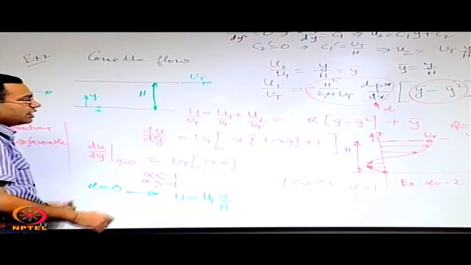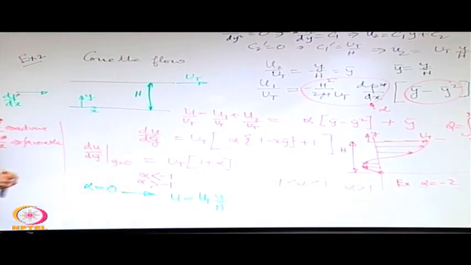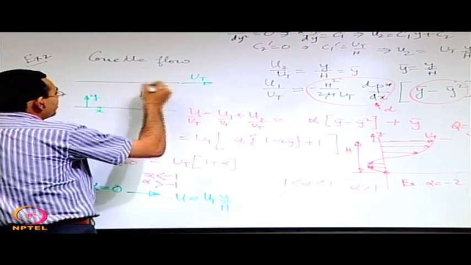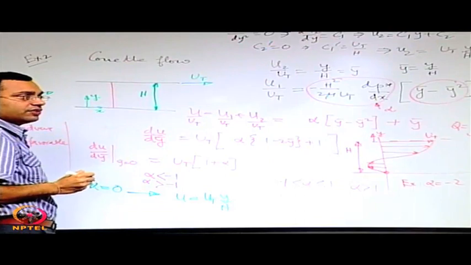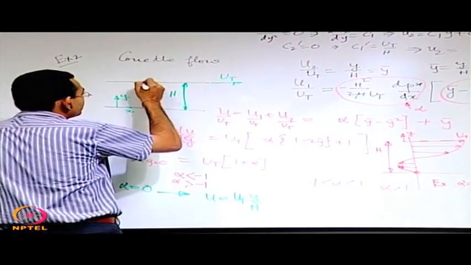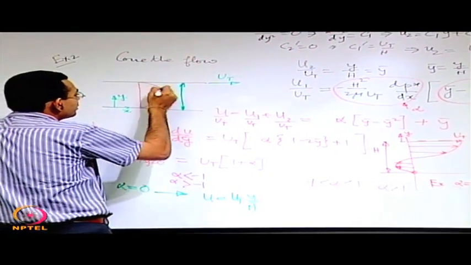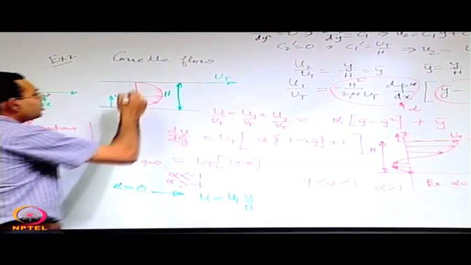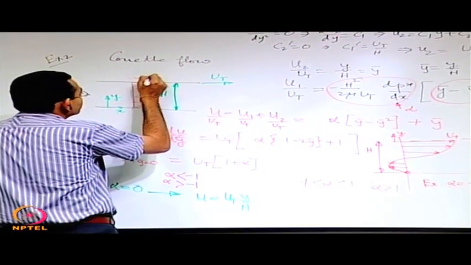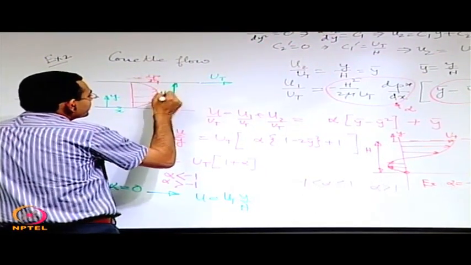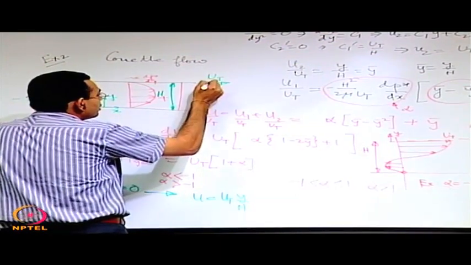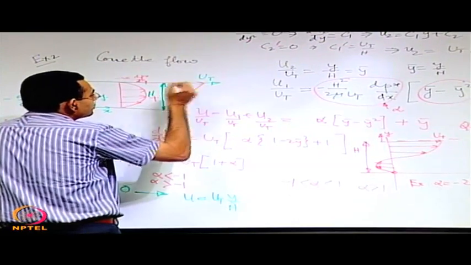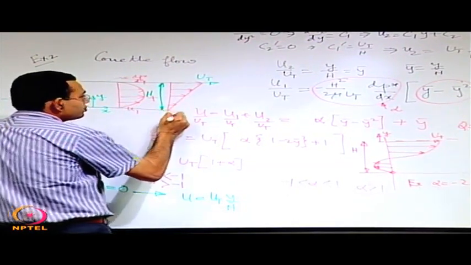So you can see that if you want to superimpose two velocity profiles to get the resultant velocity profile, you have the velocity profile as the sum of the velocity profile due to Poiseuille flow, which is like this, for negative dp dx, plus a linear velocity profile because of the motion of the plate. So this is u1, this is u2.